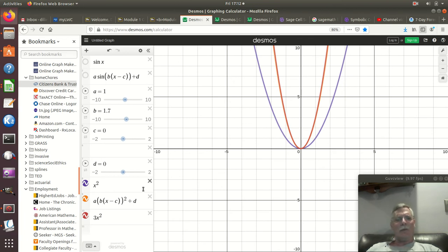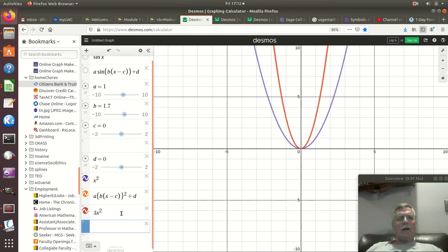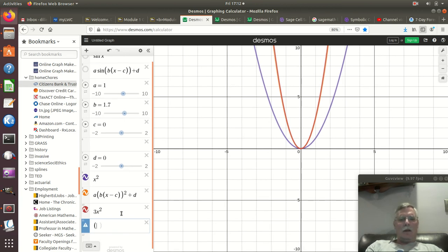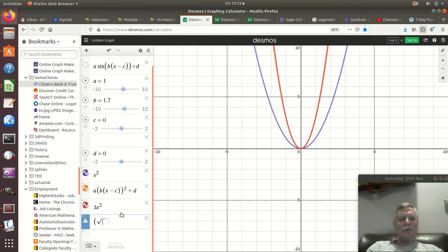Well, what happened? The difference is, if I put that constant on the inside of the square, to get 3x squared, it would be the square root. So I start typing SQRT, and it makes a square root.